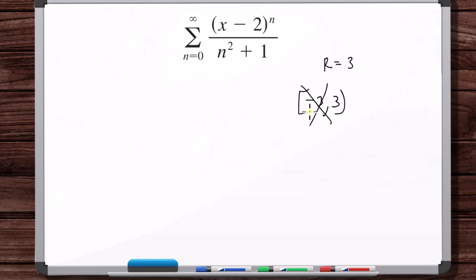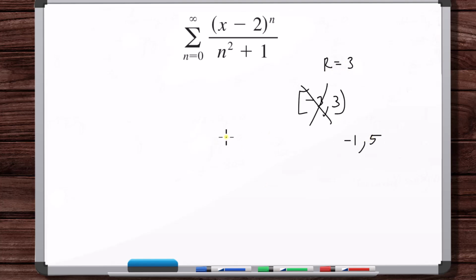That's not possible because this is centered at 0. If we had a radius of convergence of 3, we would know 100% that we're going to have, so 2 plus 3 is 5, 2 minus 3 is minus 1, and then the endpoints would be either included or not included.